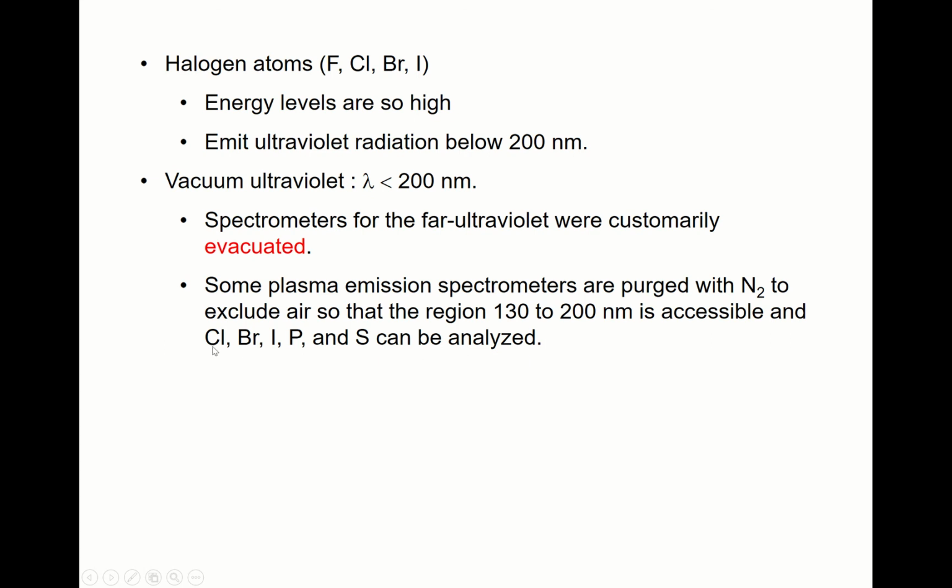So for those elements, these halogen atoms or phosphorus and sulfur, their emission lines are below 200 nanometers. So the chamber should be purged with nitrogen or should be evacuated.